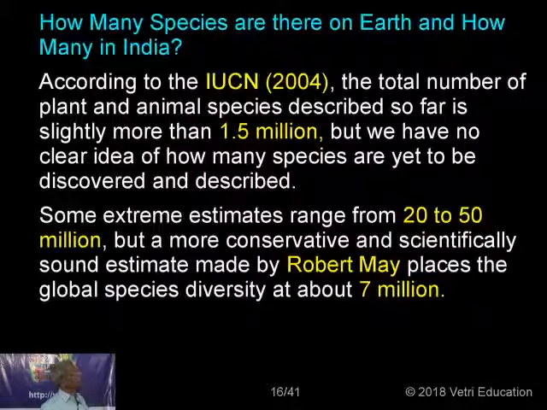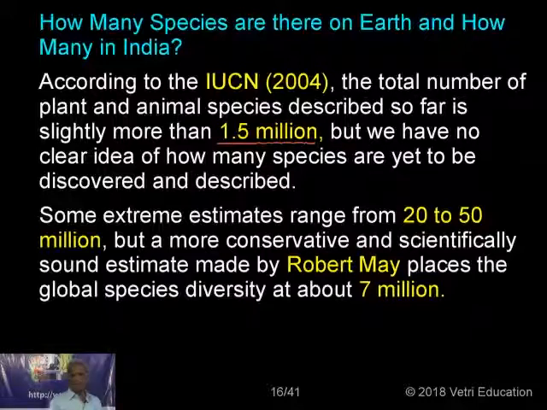How many species are there on Earth and how many in India? A beautiful question. How many species are there in India and how many are there in the world? According to IUCN, the total number of plant and animal species described so far is more than 1.5 million.